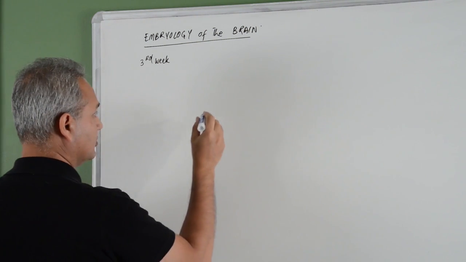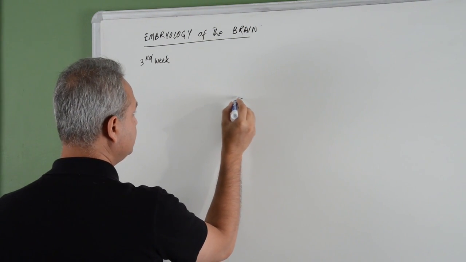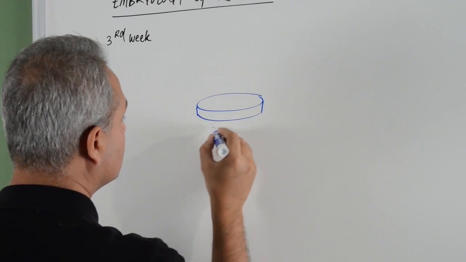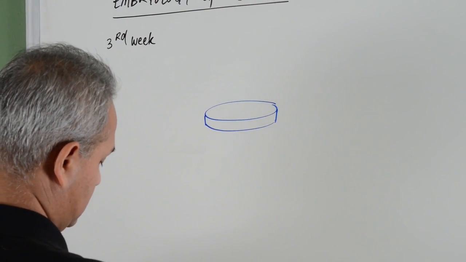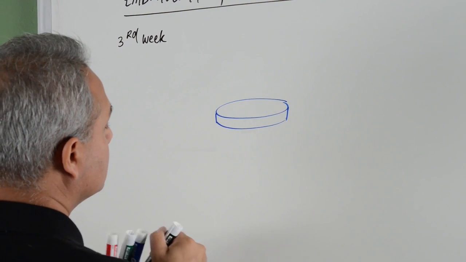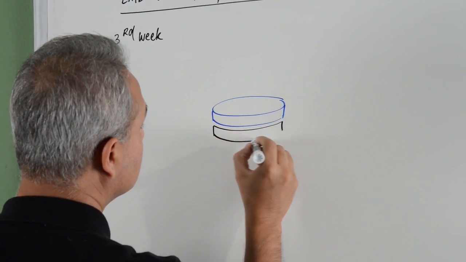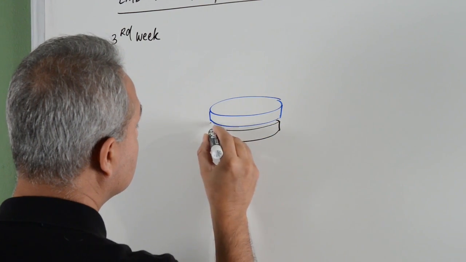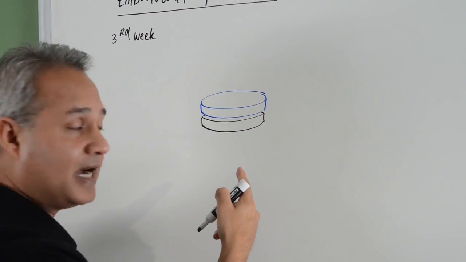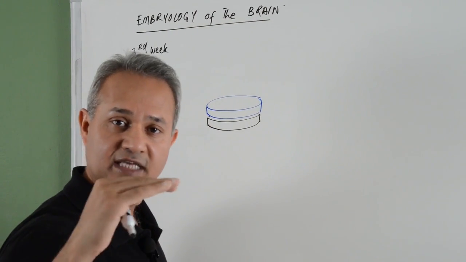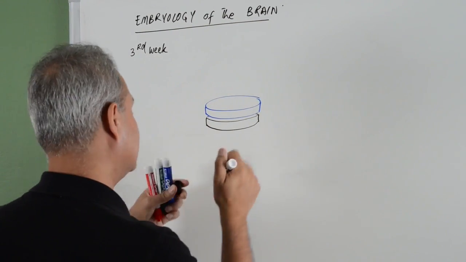How does that look? So let's do this. This is the bilaminar germ disc, where 2 layers of cells are present.